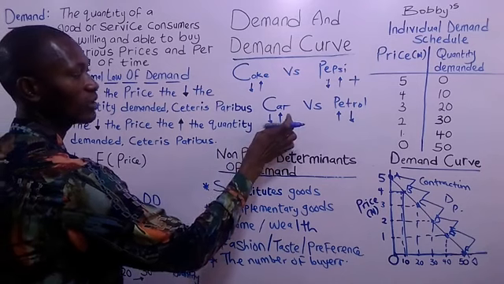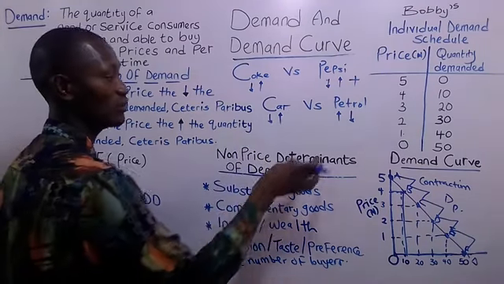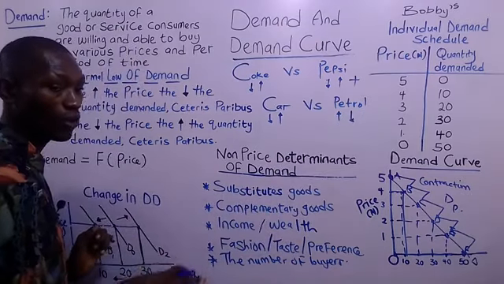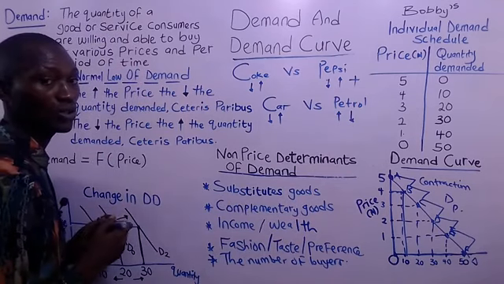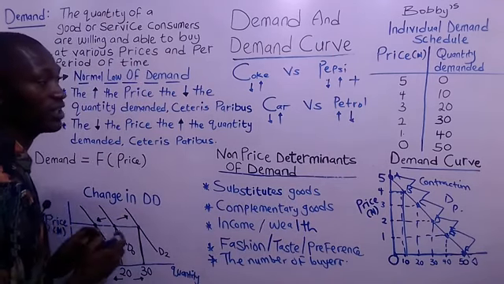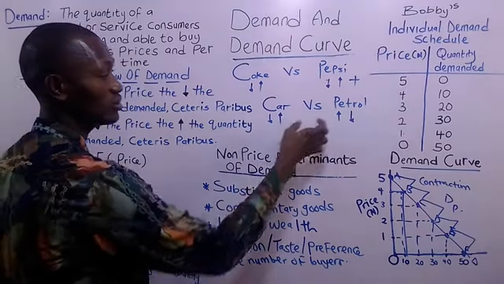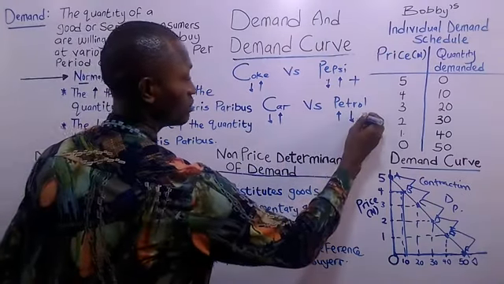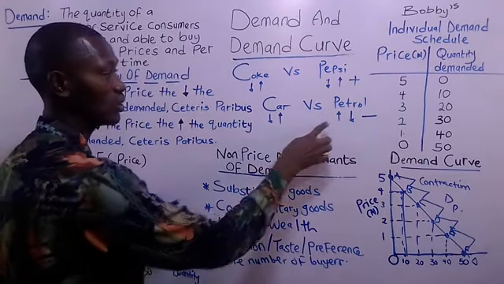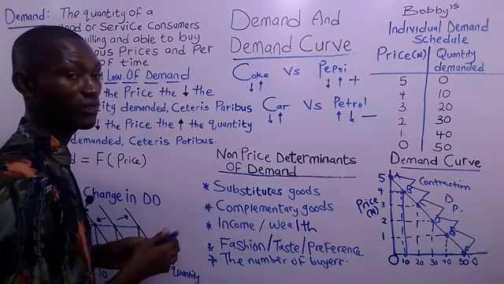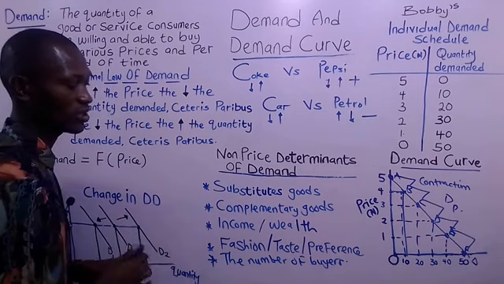And when the price of car rises, that will lead to a fall in the demand for petrol, and that will shift the demand curve of petrol to the left, and that's a decrease in the demand for petrol. So the relationship between these two goods, called complementary goods, is said to be negative, because a decrease in the price of one, ceteris paribus, will lead to an increase in the demand for the other complementary good. So that's with respect to that.